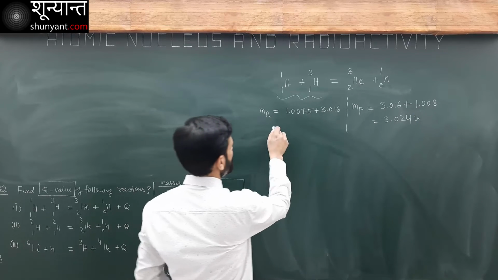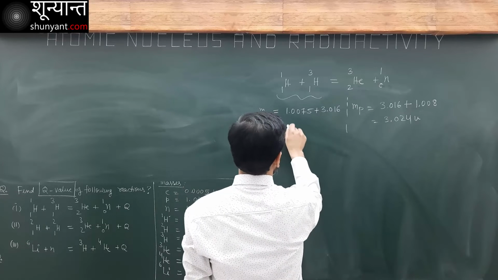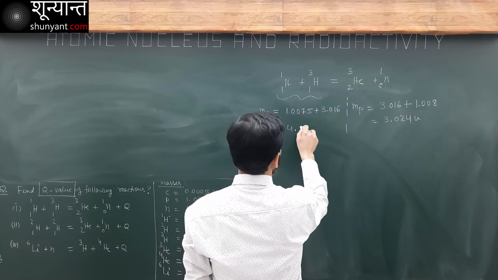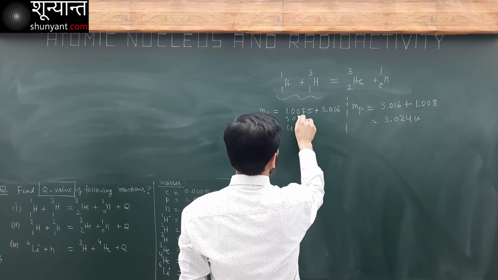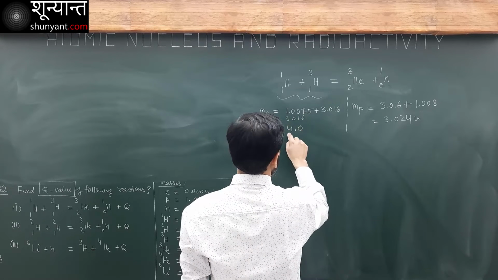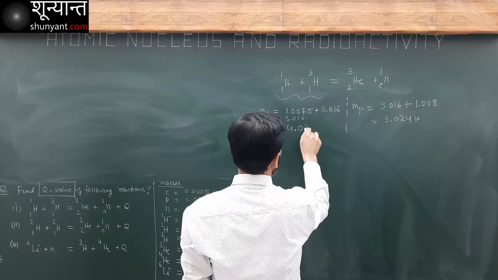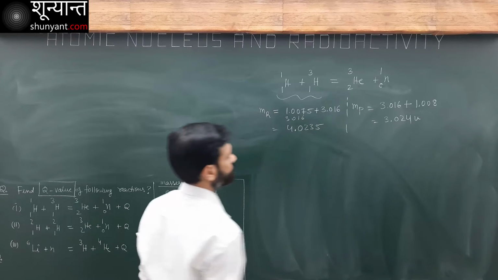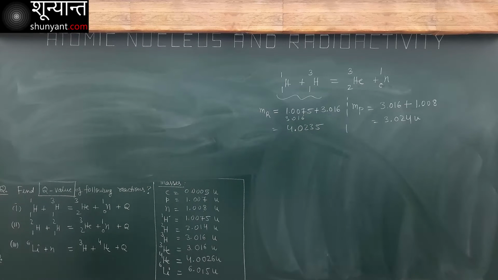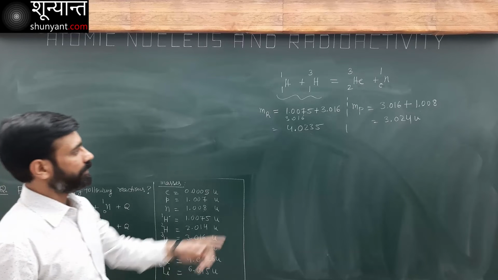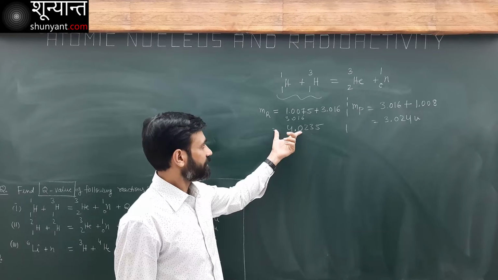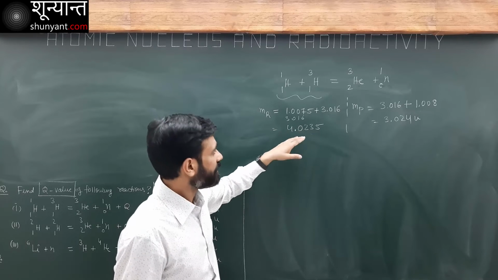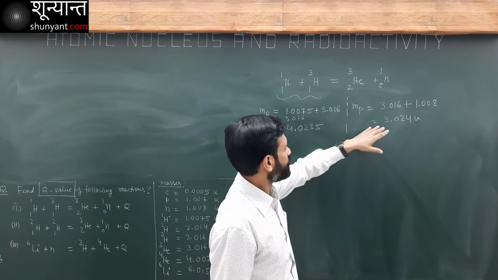What is the mass of reactant? This becomes 4.0 plus 3.016, so 4.0235. What has happened? The mass of reactants is less than the mass of product.